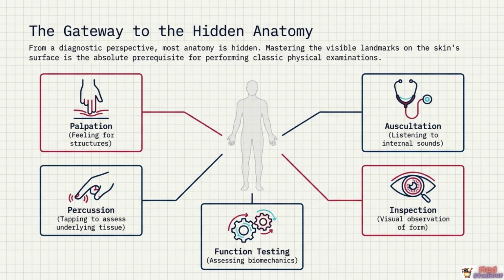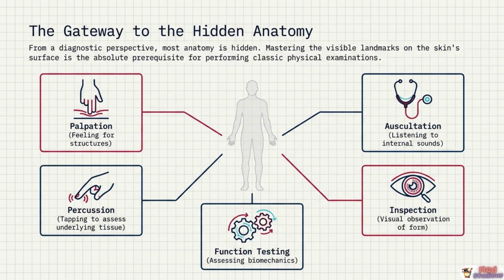There are 5 examination modalities that rely entirely on surface anatomy knowledge. Palpation is the act of feeling for structures beneath the skin, pressing, probing, and identifying masses, tenderness, pulses, and organ margins. Auscultation is listening to internal sounds using a stethoscope placed over precisely known surface locations: heart sounds, bowel sounds, arterial bruits.